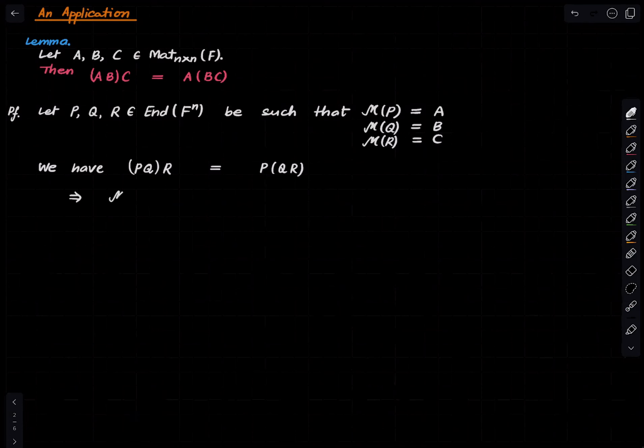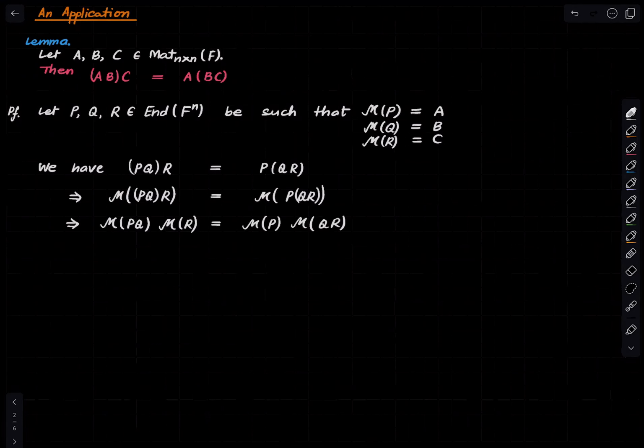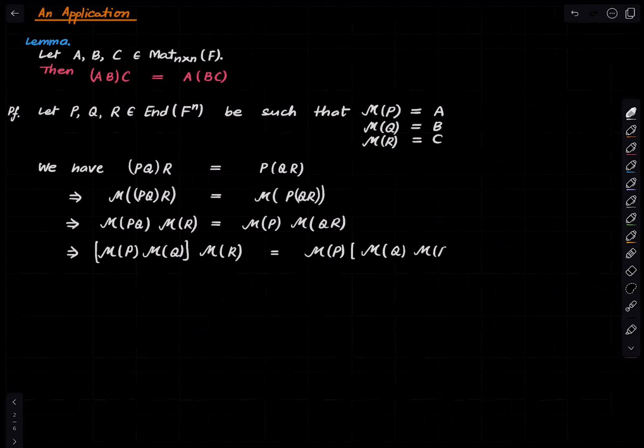And to do that, we just take matrices of both sides. Right? But now, matrix of composites become matrix of product, which gives another application of the same result, which is exactly what we wanted to prove.